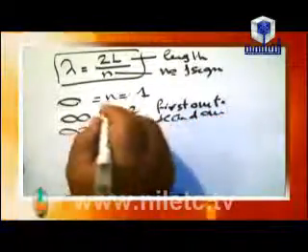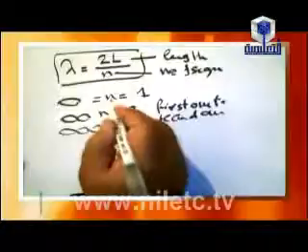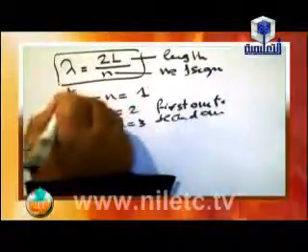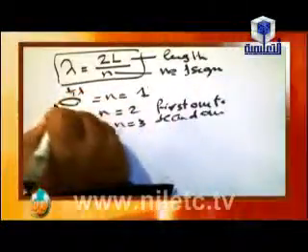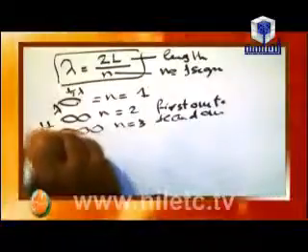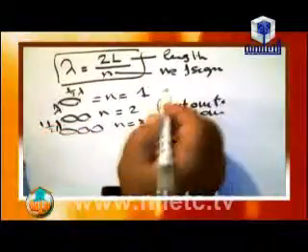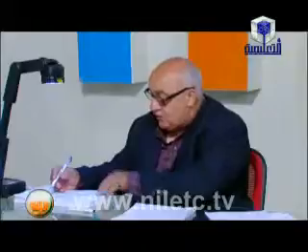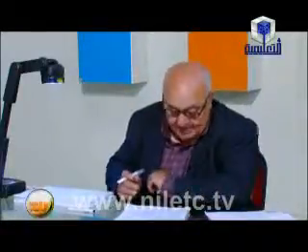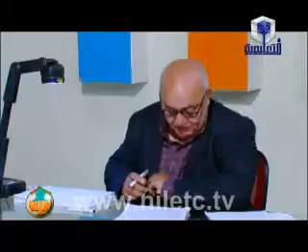The ratio between them: the wavelengths are in the ratio of half lambda, lambda, and 1.5 lambda. This is the standing wave due to superposing between two identical waves having the same speed and the same amplitude but opposite in direction. Let's move to another question.